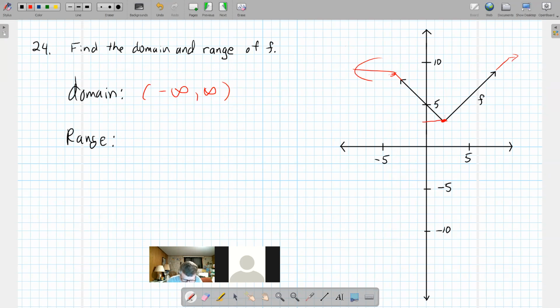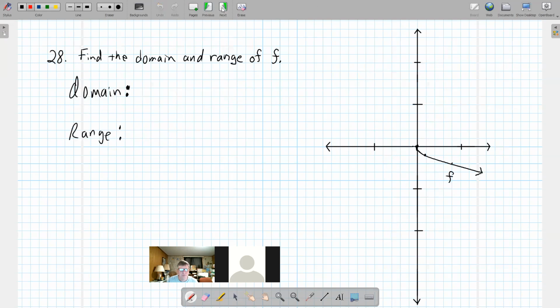And from there, it goes up. So it would be a bracket at 3, and then infinity and parentheses. Okay? So the range is everything above and including 3, or greater than or equal to 3. Questions there? All right, we'll keep going.